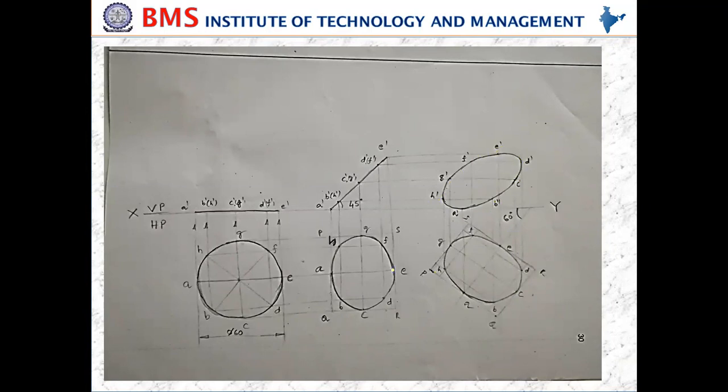Once you have done all this, what are the checkpoints I told? Check whether the XY line is drawn, or VP, HP is drawn, or dimensions are mentioned or not, then arrowheads are mentioned or not. See the thickness. If you look at my projection lines, how the projection lines are looking and how my views are looking, the variability in thickness should be there between the views.